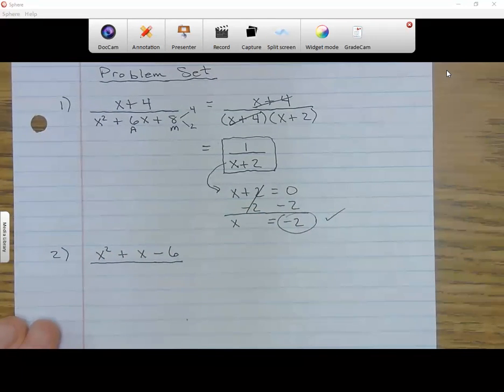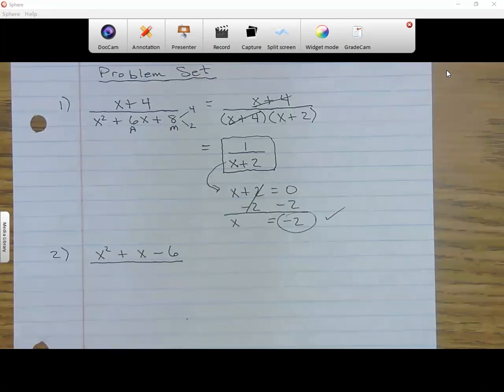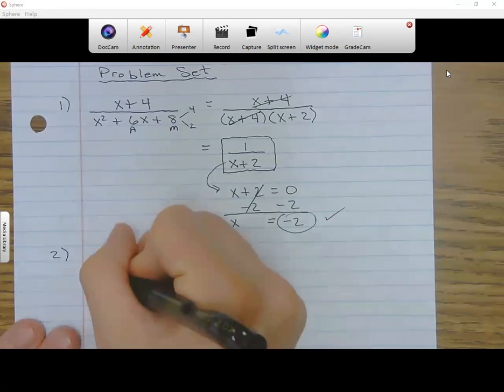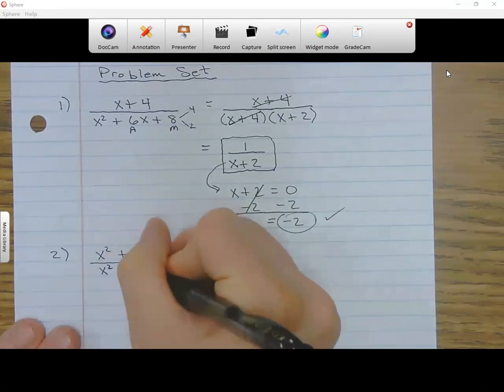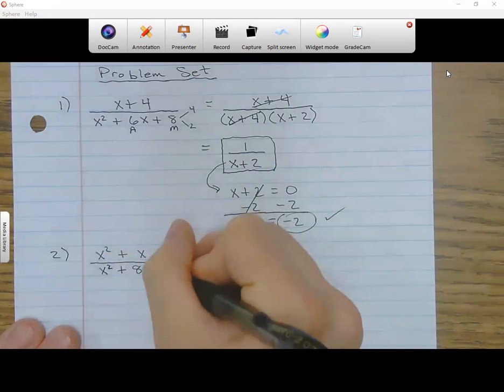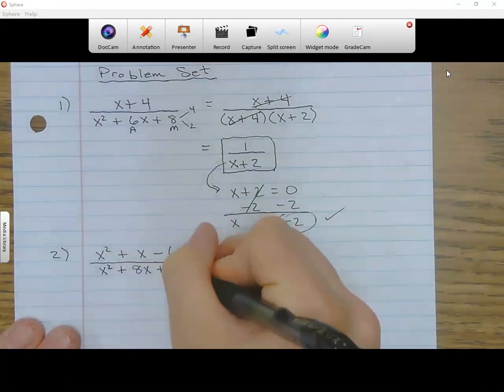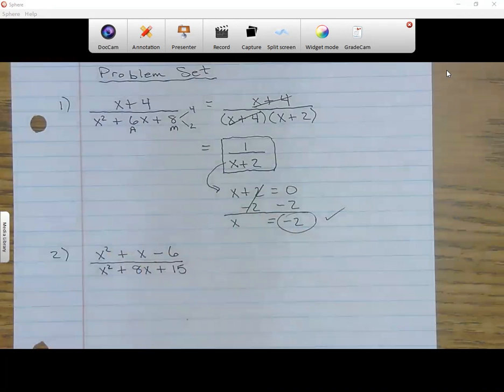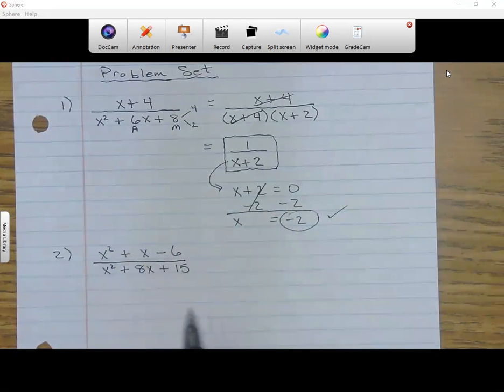And on the bottom, I'm going to have x squared plus 8x plus 15. For this one, I noticed that I have 3 terms on the top, 3 terms on the bottom.